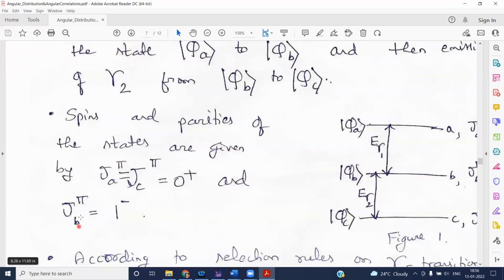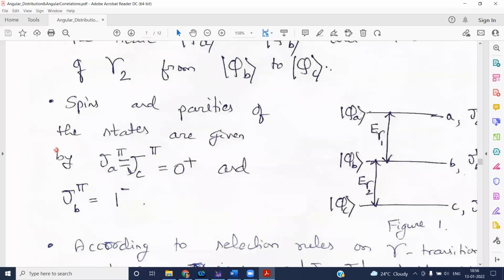And J_B pi_B in between is 1 minus. I should have written J_A pi_A, J_B pi_B, J_C pi_C. J denotes spin, pi denotes parity. That is our nomenclature. I can't forget it. I started the gamma decay chapter by introducing these notations. So remember that. Now I am taking J_A to be 0, J_C to be 0, J_B is 1. That's what I will consider for simplicity.